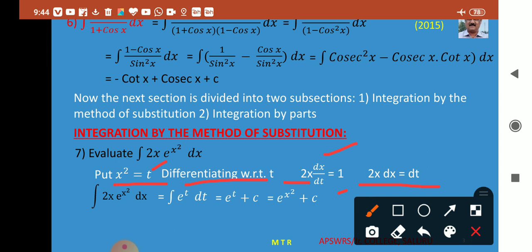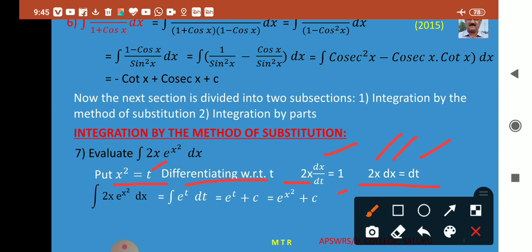This is very important. x square is equal to t. Simply write the derivative of x square is 2x, put dx. The derivative of t is 1, put dt. If that is theta, put d theta. If that is y, put dy. If that is u, put du.